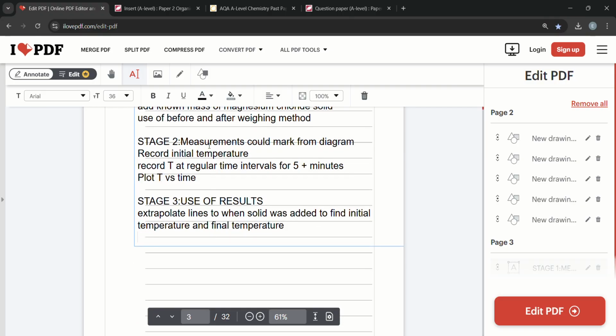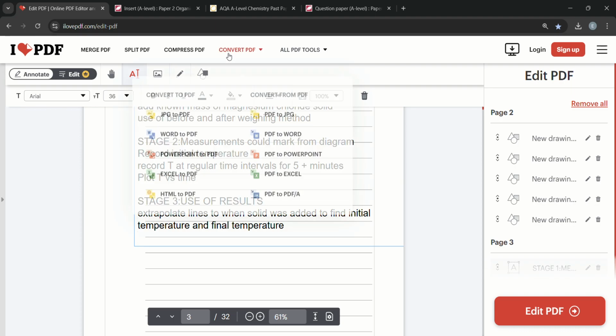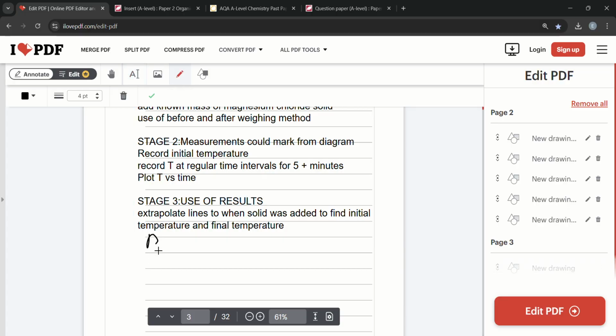Obviously delta T is final temperature minus initial temperature, and obviously we find it from the graph. And where is it from the graph? At point of addition.